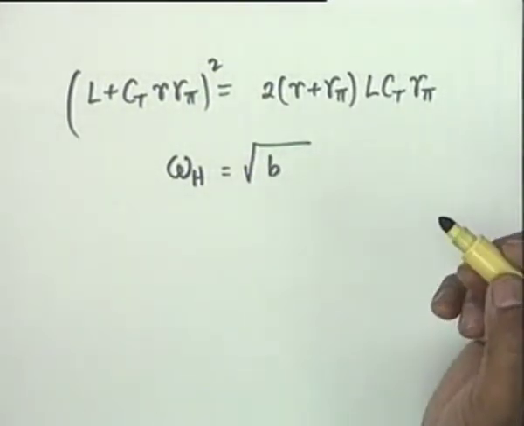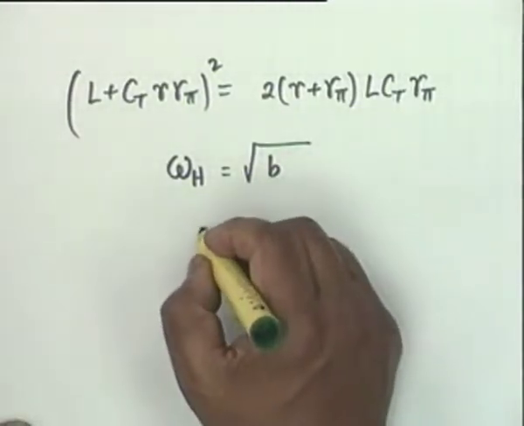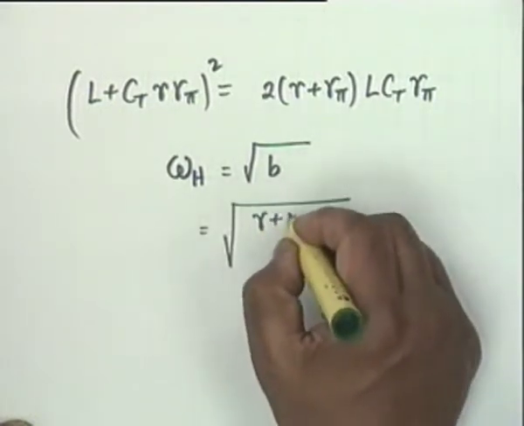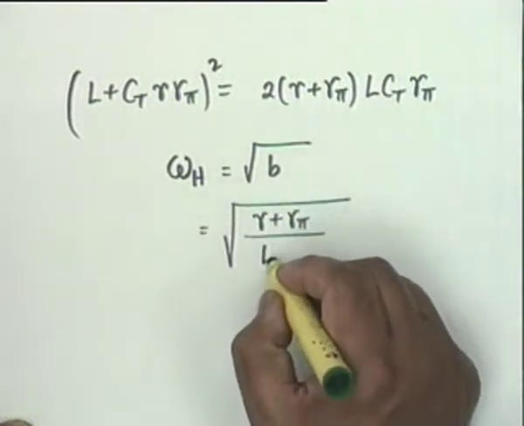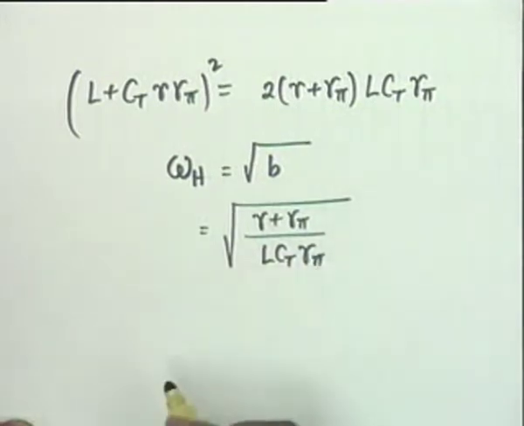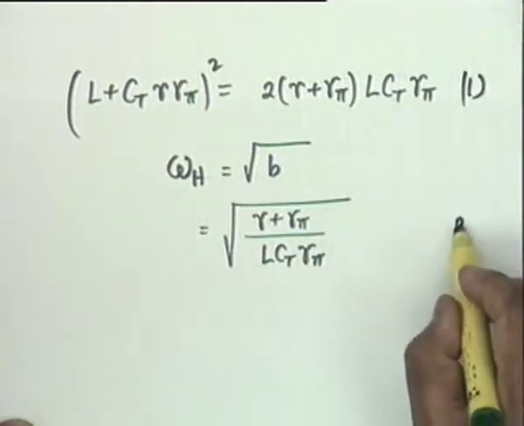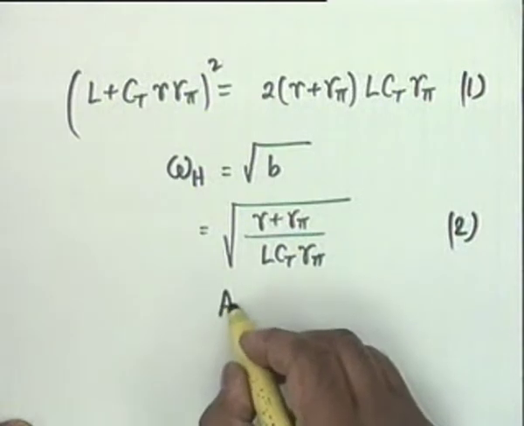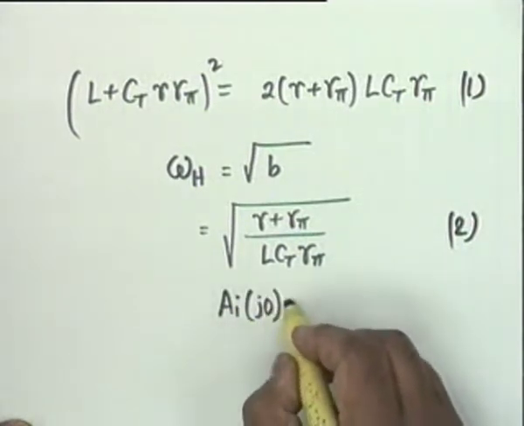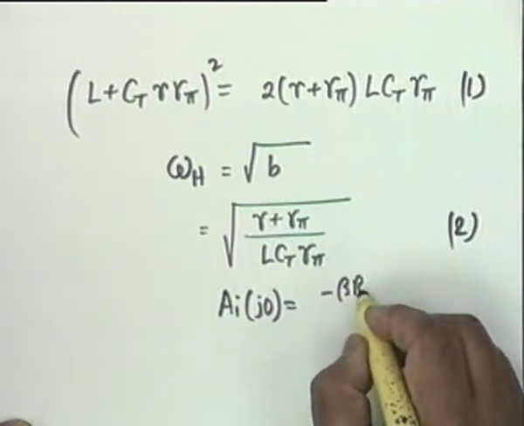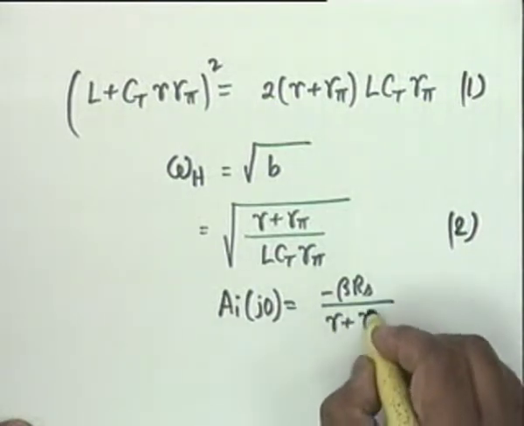That's it. As simple as that. Which is equal to square root of r plus r pi divided by L Ct r pi. These are your design equations. And of course the other is Aij0 is equal to minus beta Rs divided by r plus r pi.